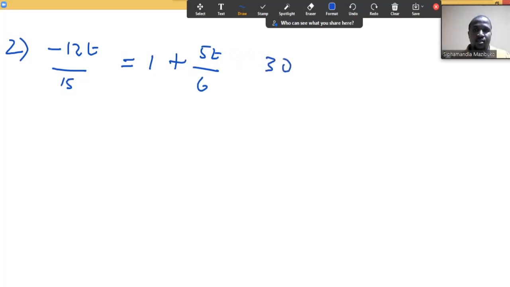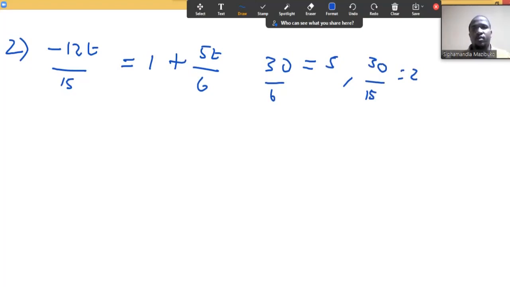It will be 30, because you can see 30 divided by 6 gives you 5, and 30 divided by 15 gives you 2. So there are no remainders, you're just getting 5 and 2.